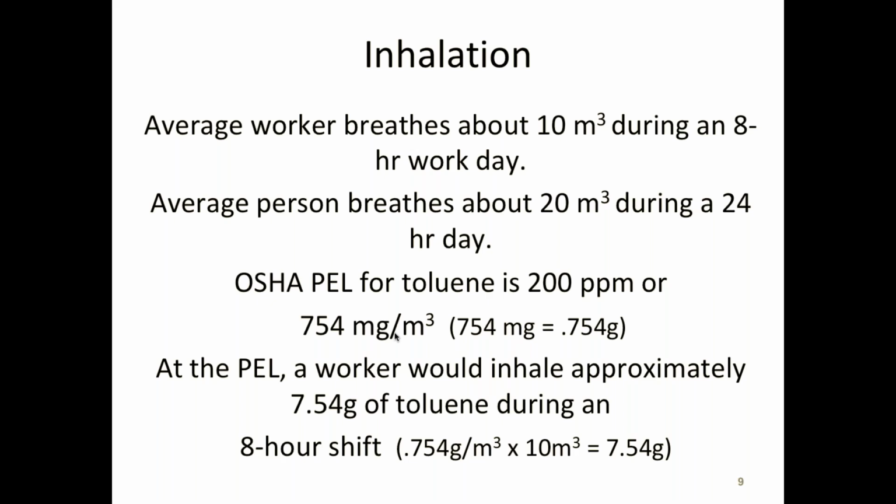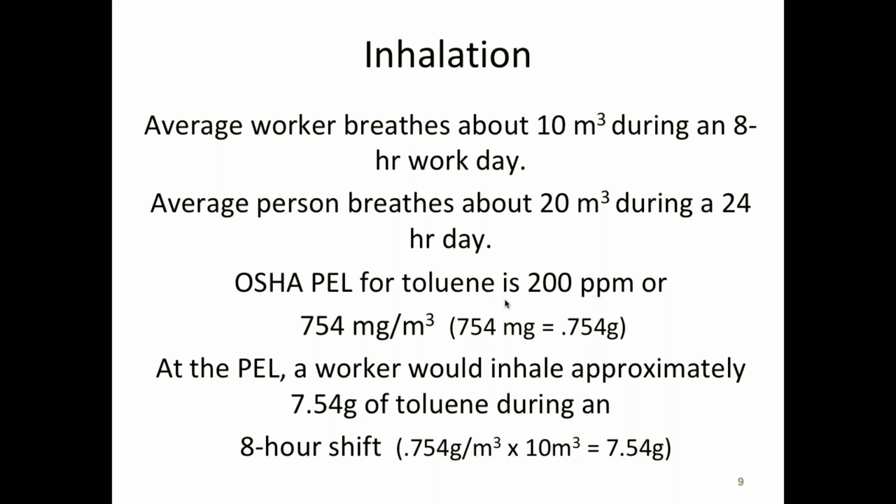But if that air has 754 milligrams of toluene in it, that has 200 parts per million of toluene in air. The ratio of toluene to air is 200 to a million, in other words, 200 molecules of toluene to a million molecules of air. We're going to talk about that in a second.